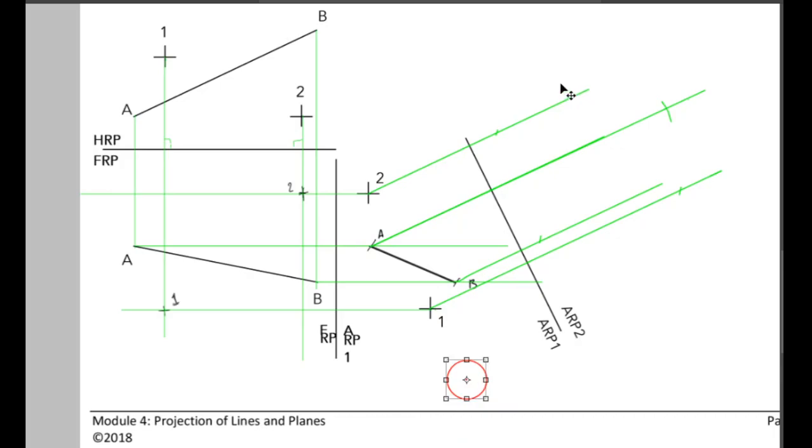So let me see. This is now point 2. This is point 1. This is point B, and this is point A. Since AB is a line, we'll connect AB.